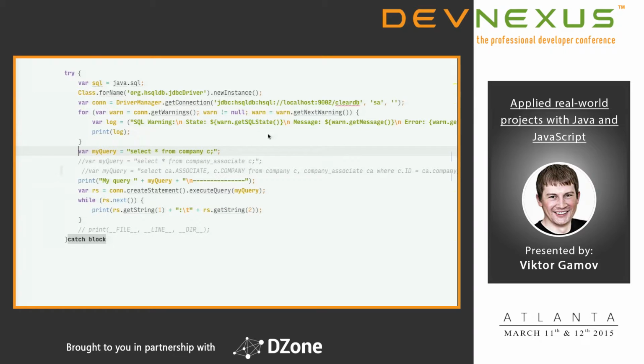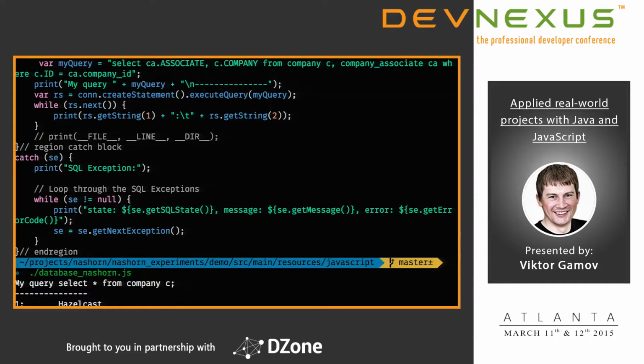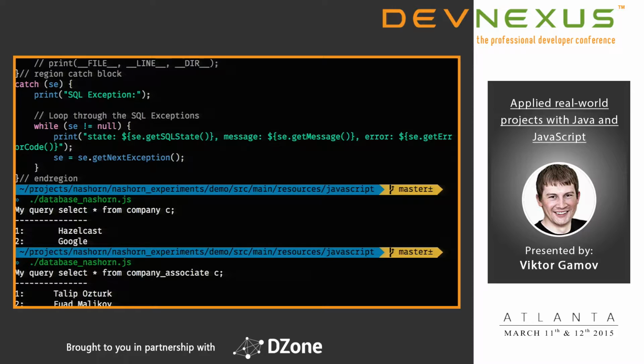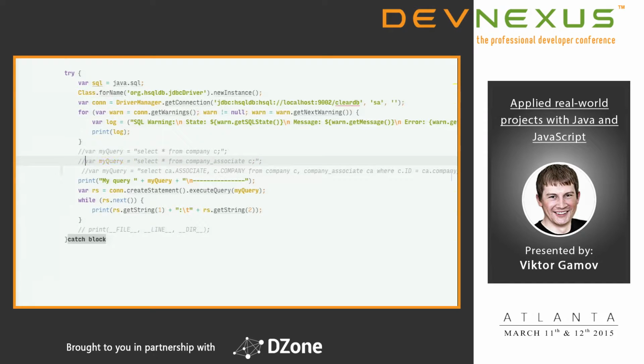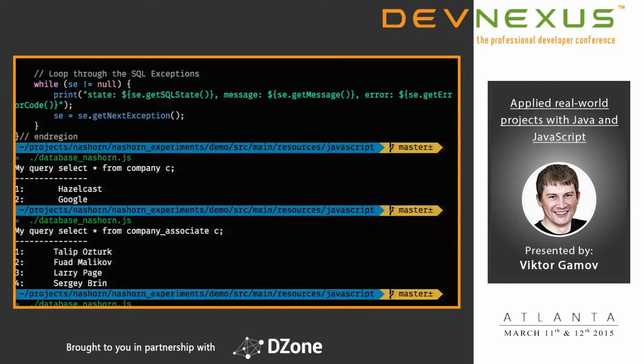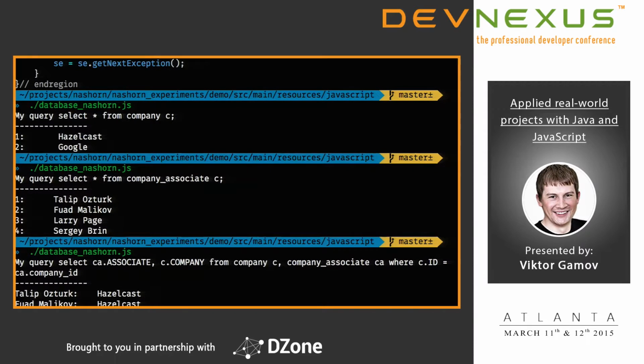So in this case, this is just a select star from the company table. Okay, so now I want to do something different. Again, without restart or recompilation, I can do select star from company associate, right? And also here, let's do something more.